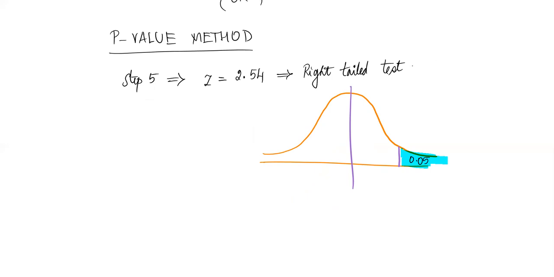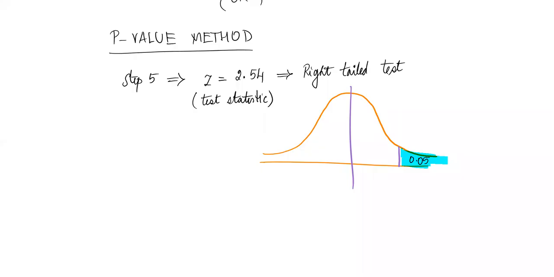Let me write here. So let me mark Z. Okay. So Z is 2.54.